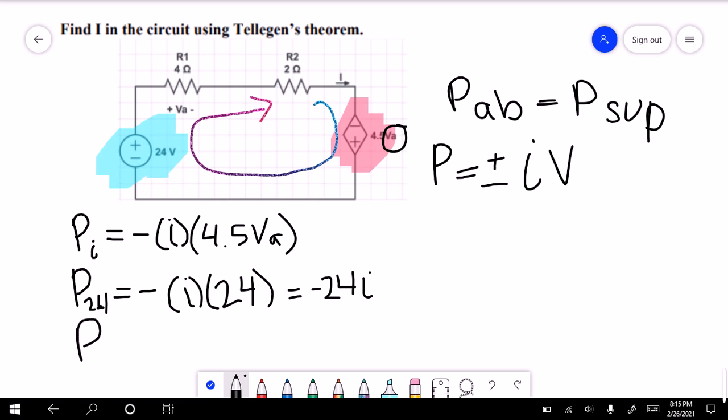The power across R1 is equal to positive. The current we know is I. The voltage we don't know. We know it's VA though.